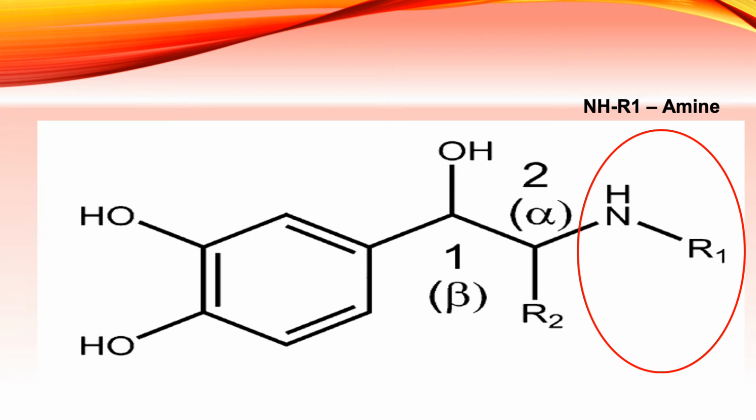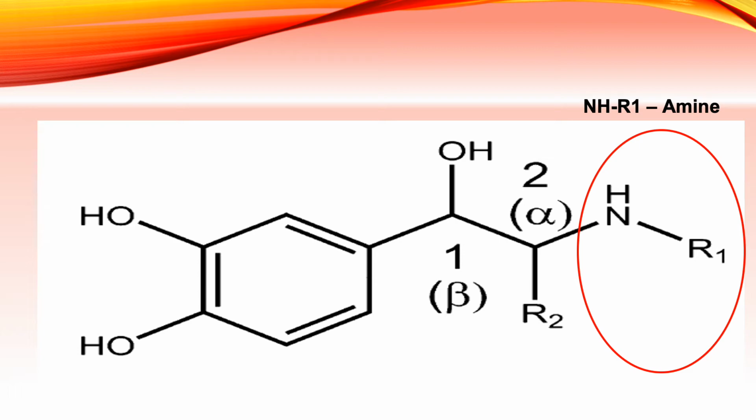Now for R1 substituted with isopropyl instead of methyl, it will have negligible alpha activity and it will become more specific with beta activity.